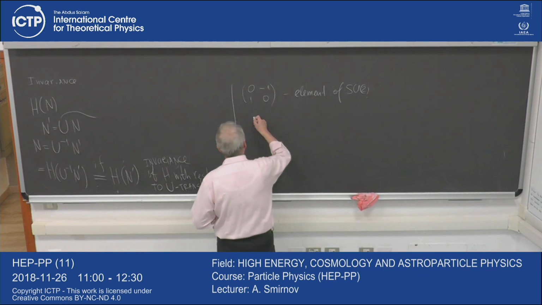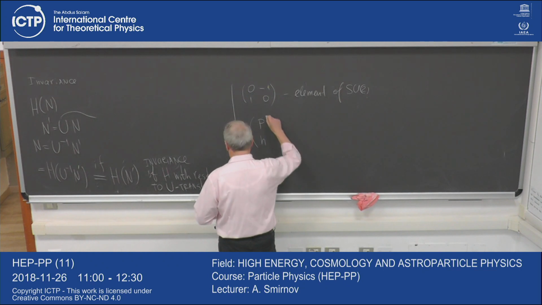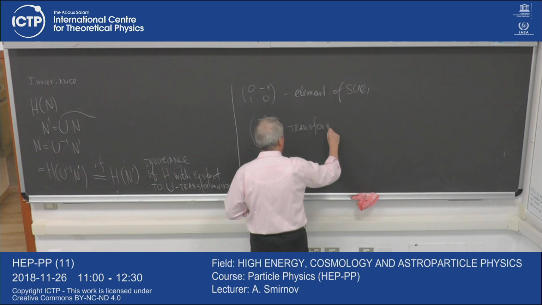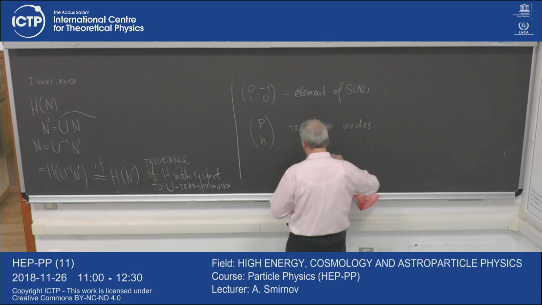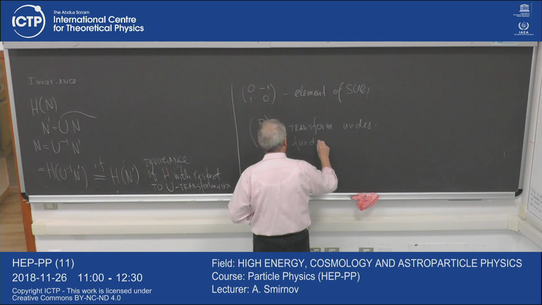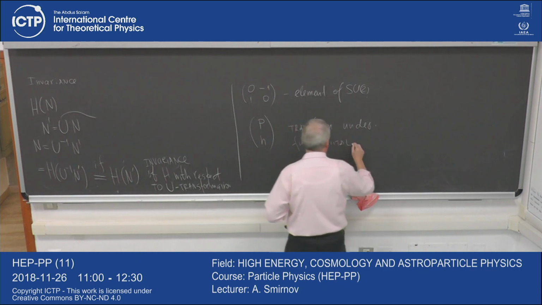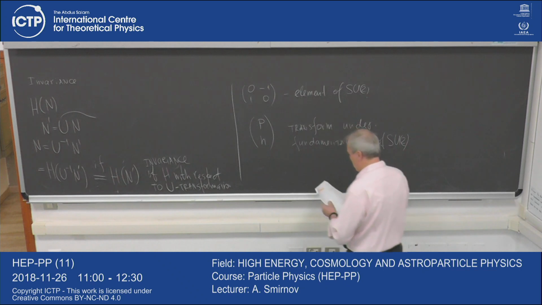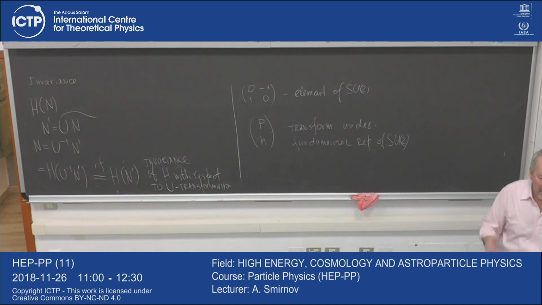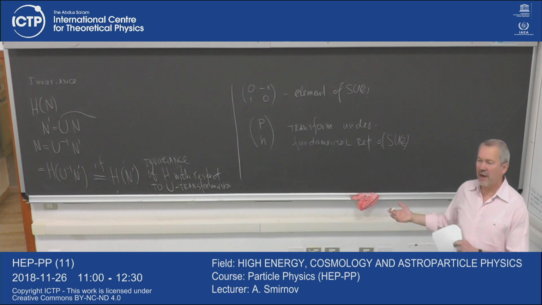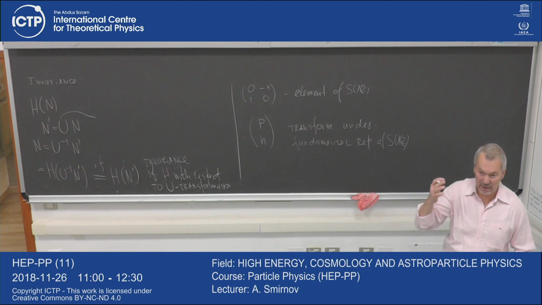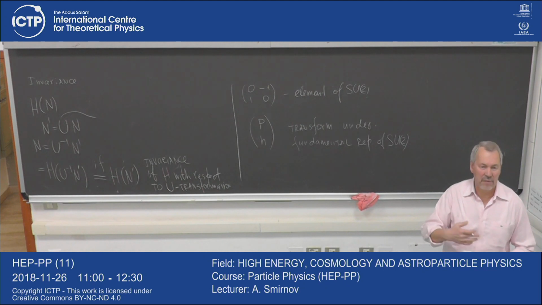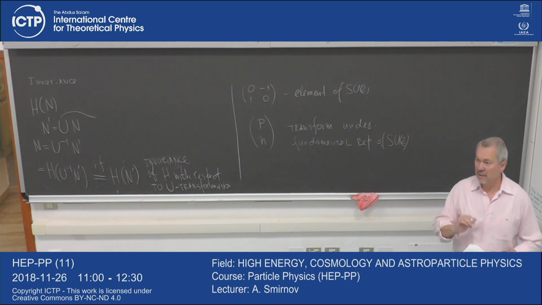So we can consider that proton and neutron transform under the fundamental representation of SU2. And the Hamiltonian of strong interactions is invariant under this transformation. So the whole idea is that we are introducing some transformations, but eventually we claim that the Hamiltonian is invariant under this transformation, or not invariant. Okay?